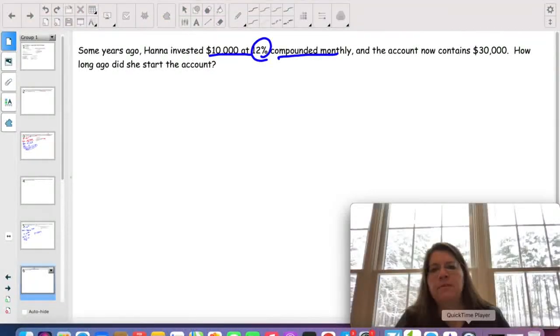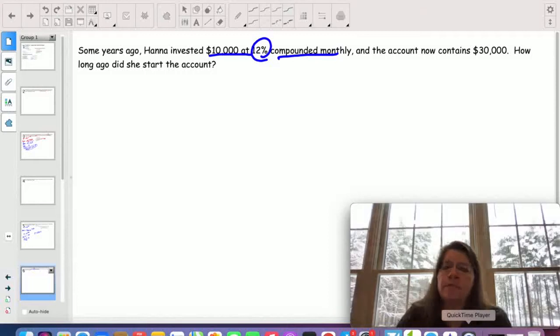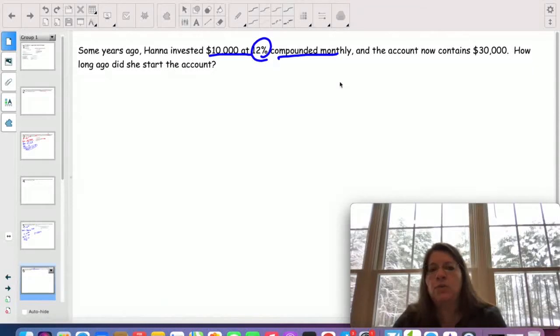Now, a common mistake for this is people sometimes use the continuously compounded interest equation for this, y equals PE to the RT, but we know that if it's compounded monthly, they've given us a number of times it's compounded. So we're not going to use the continuously compounded equation for this. We're going to use the other compound equation for this.